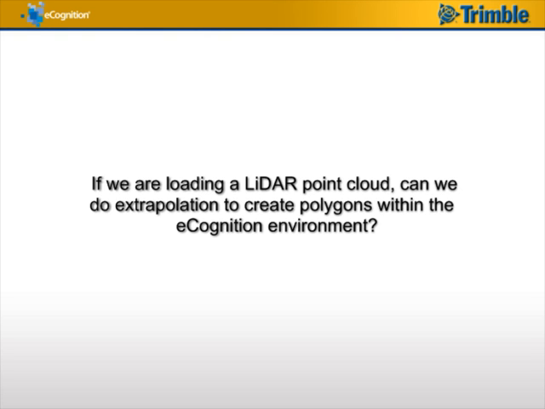So if you have the combination of imagery and LiDAR, you can segment on the high resolution of the image and use the LiDAR only as elevation information without rasterizing the LiDAR. But if you, let's say, have a LiDAR dataset only and you don't even have an image dataset, you can bring in only the LiDAR data. You can rasterize the LiDAR data within eCognition using the LiDAR conversion algorithms that we have in the software. And then you can segment the LiDAR point clouds directly in eCognition.